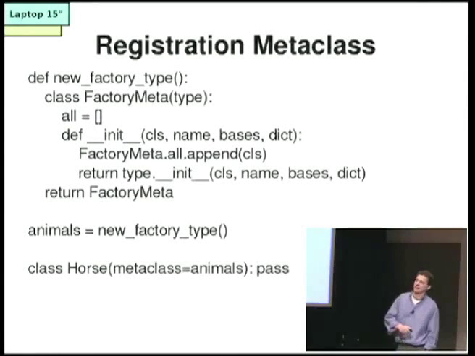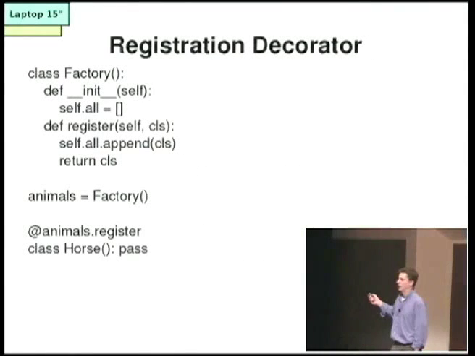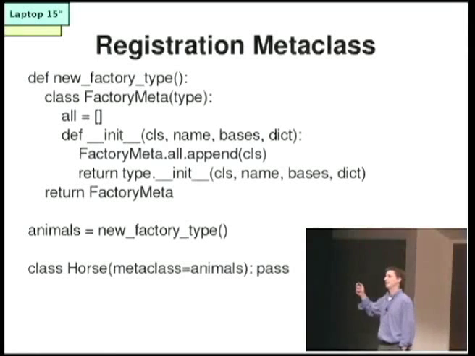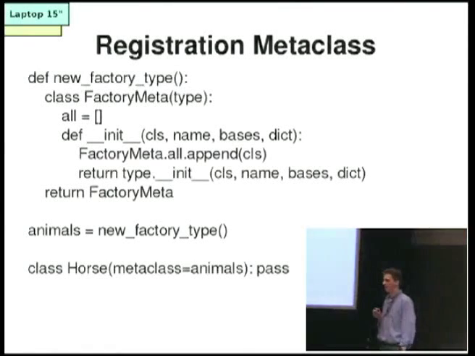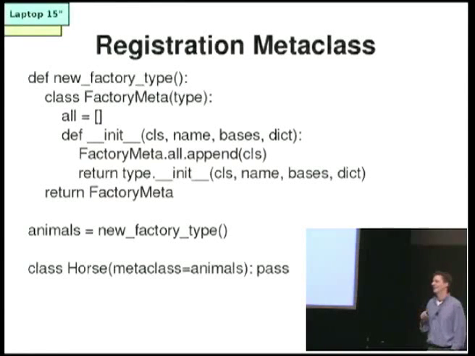Registration metaclass. This is simpler than this. And Doug Napoleone, when he saw this slide, he said, "My God, that's the simplest metaclass I've ever seen in my life." And I said, "That's okay, it's a lie. There's more." So this is the kind of thing that you would have to do to make a new registration metaclass.